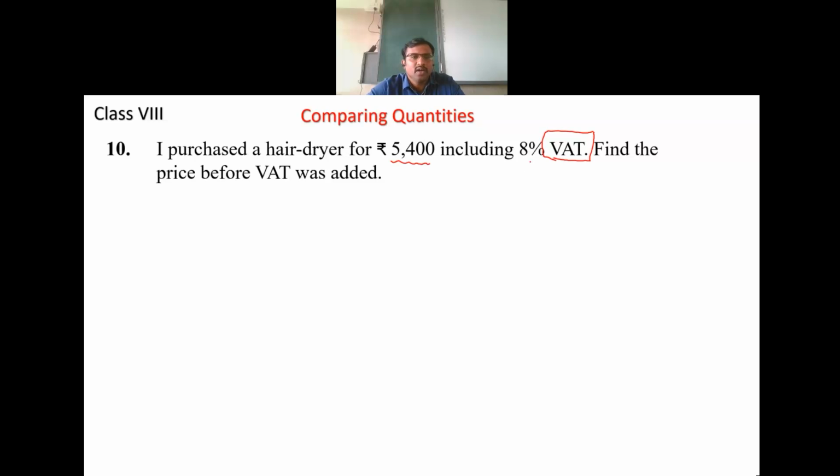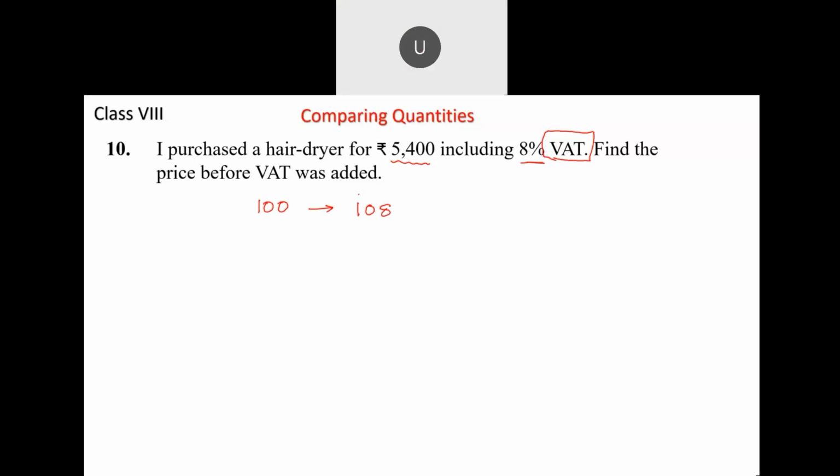First we should find the tax amount. If you put the same thing in a mathematical sentence, if 100 rupees is the money without value added tax, after adding value added tax it becomes 108, isn't it? This is after VAT is added.